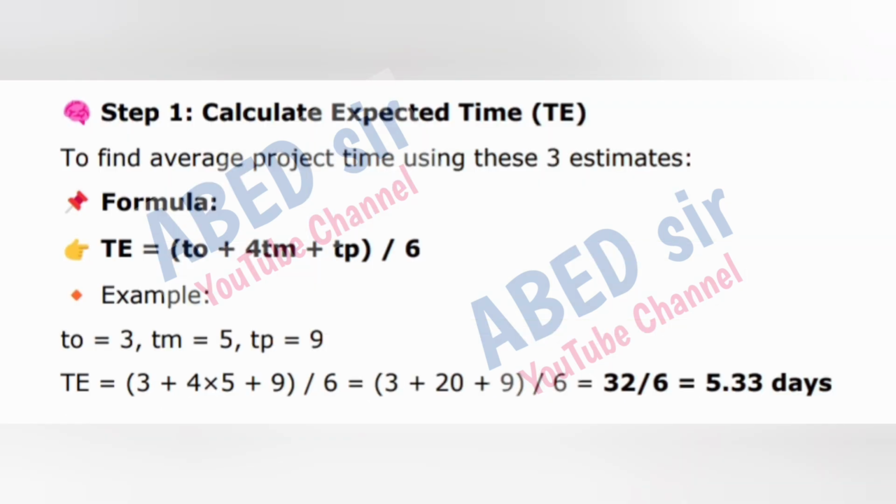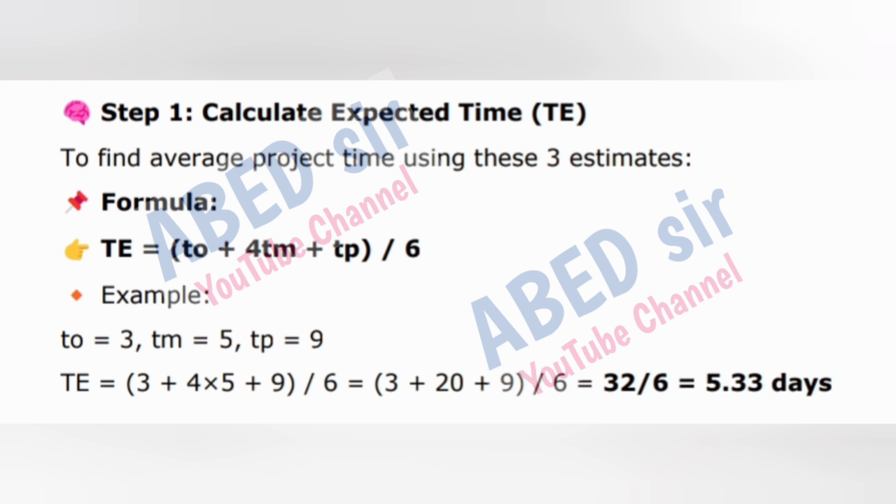Step 1. Calculate expected time, TE. To find average project time using these three estimates. Formula: TE is equal to (TO plus 4 TM plus TP) divided by 6. Example: TO is equal to 3, TM is equal to 5, TP is equal to 9.